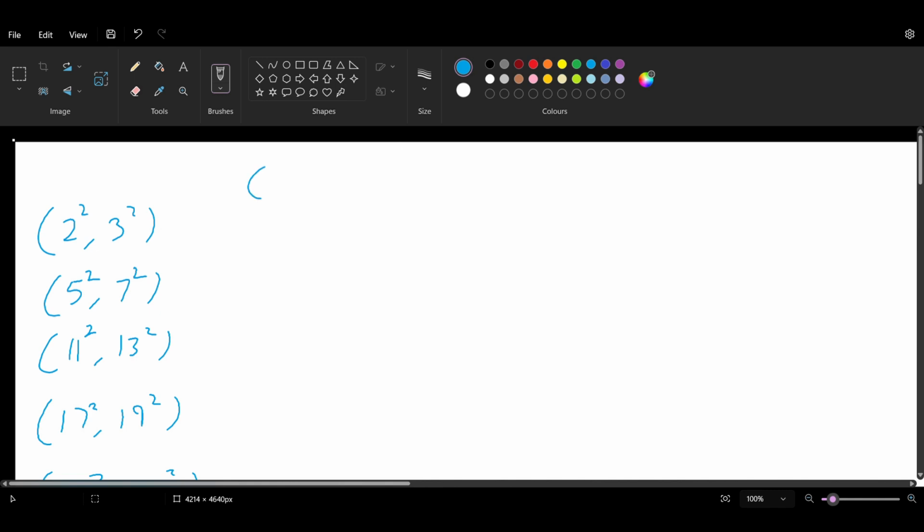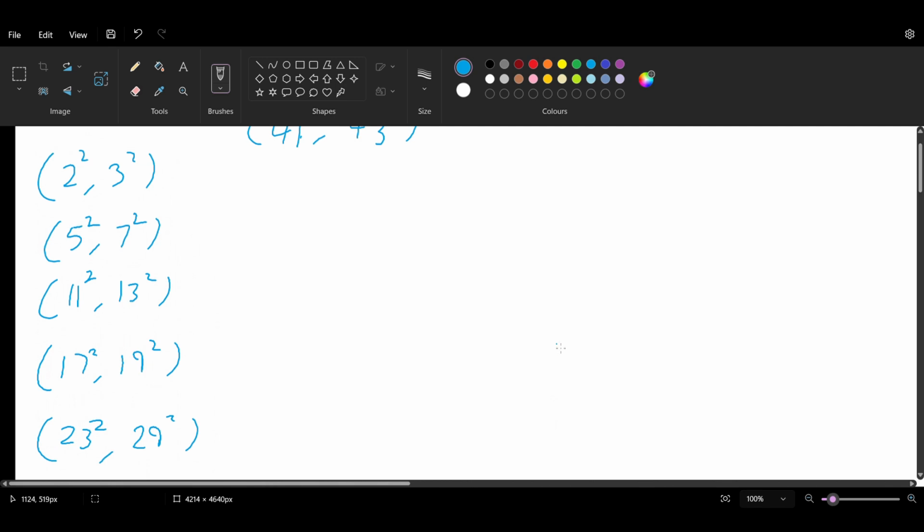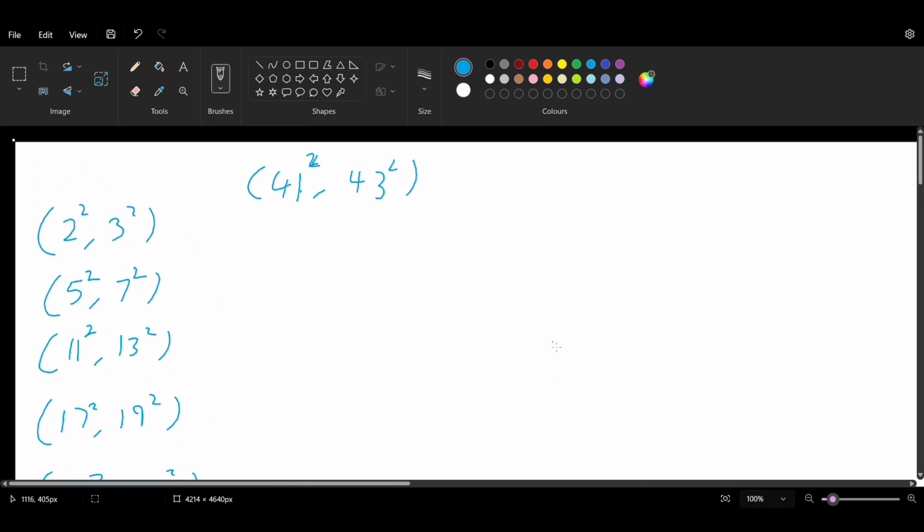Yes. 41 squared with 43 squared. So that's 1, 2, 3, 4, 5, 6, 7 pairs.